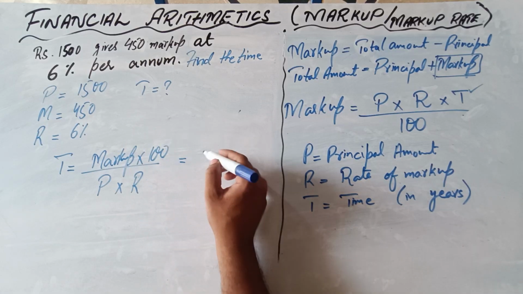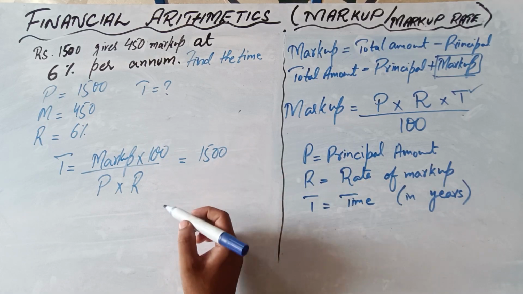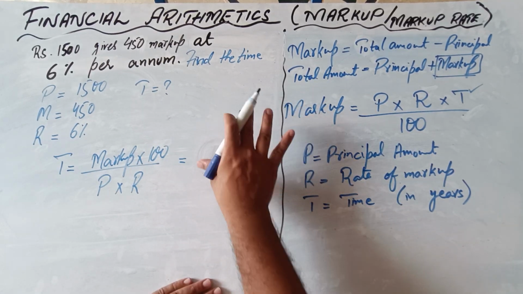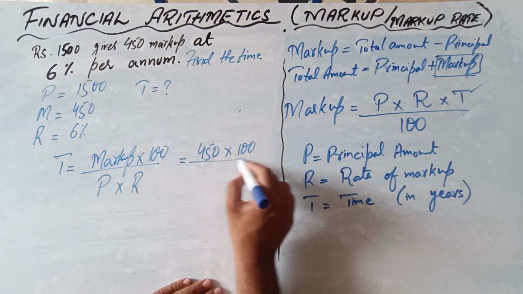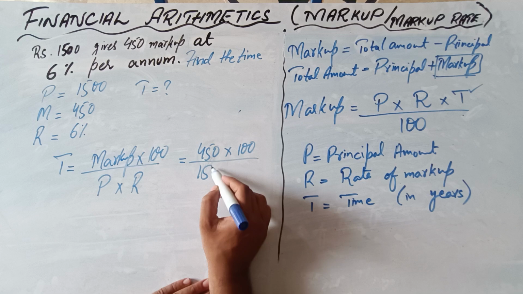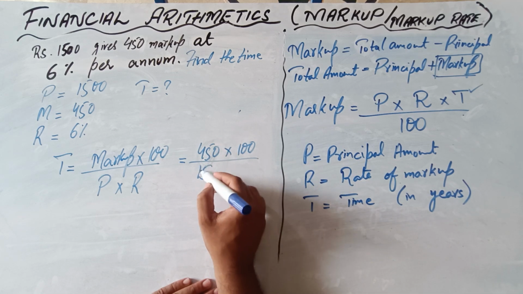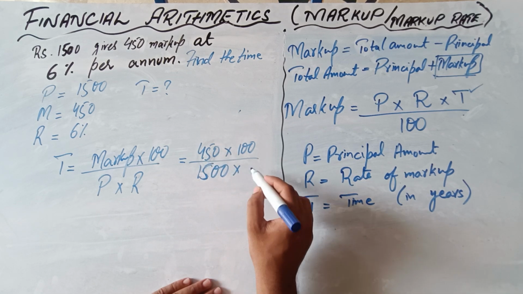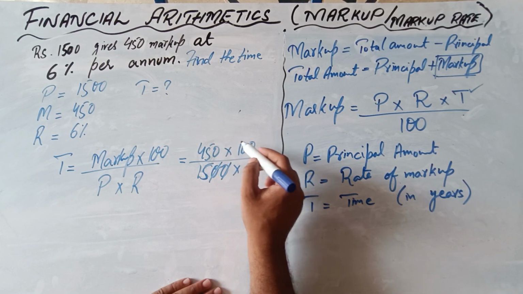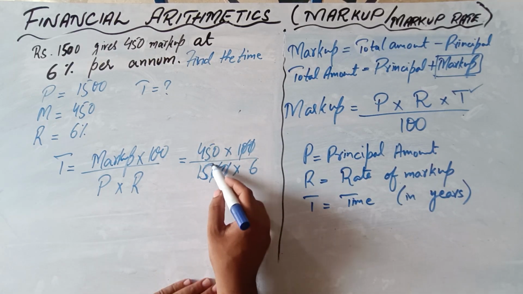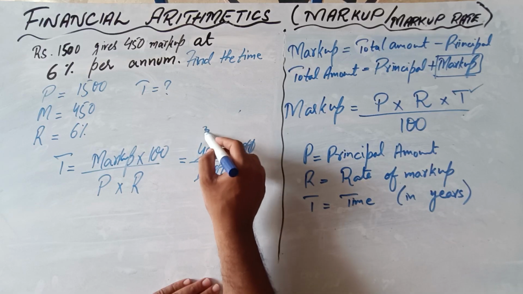So now let's substitute the values. Markup is rupees 450 multiplied by 100 divided by P, principal amount, multiplied by R, rate is 6%. So let's cancel out 20 with these 20. 15 ones are 15, 15 threes are 45.